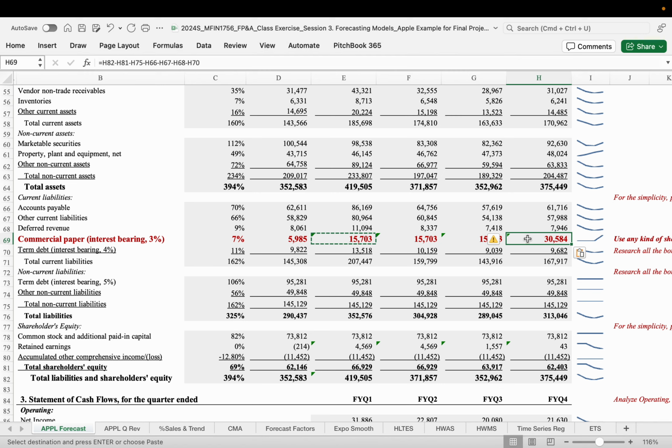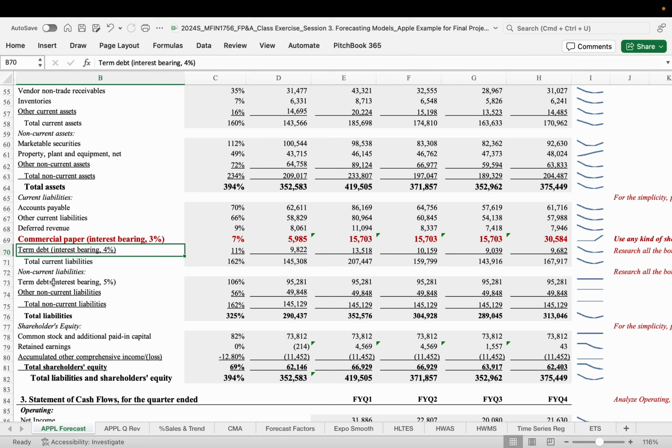So now the commercial paper, they have like $30 billion, right? Any kind of short-term borrowing tool is fine. Commercial paper, or instead of commercial paper, you can just use term debt. But usually this term debt is not independently generated in the short term.